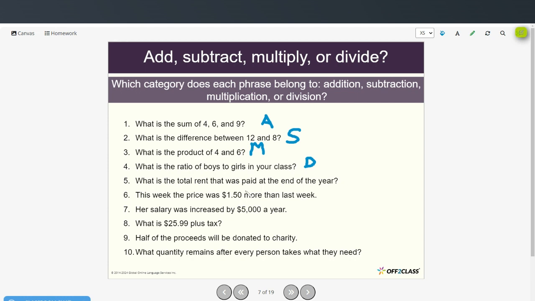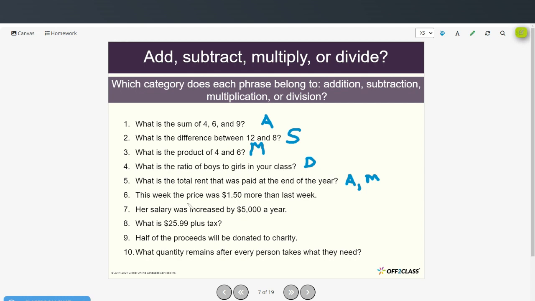What is the total rent that was paid at the end of the year? Well, that could be addition. You could probably also figure that out through multiplication, if you multiply the monthly rent times 12 months. So it could be addition or multiplication.